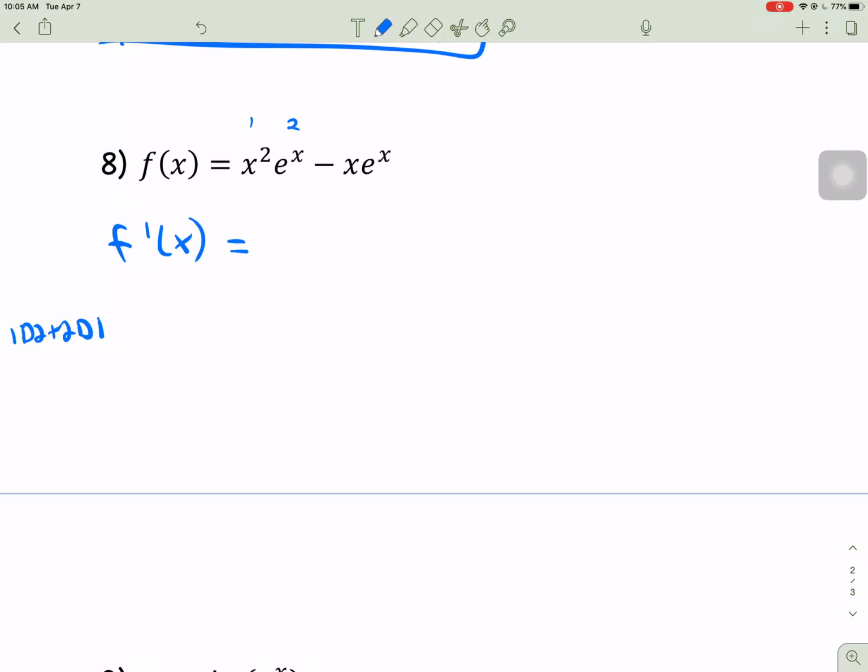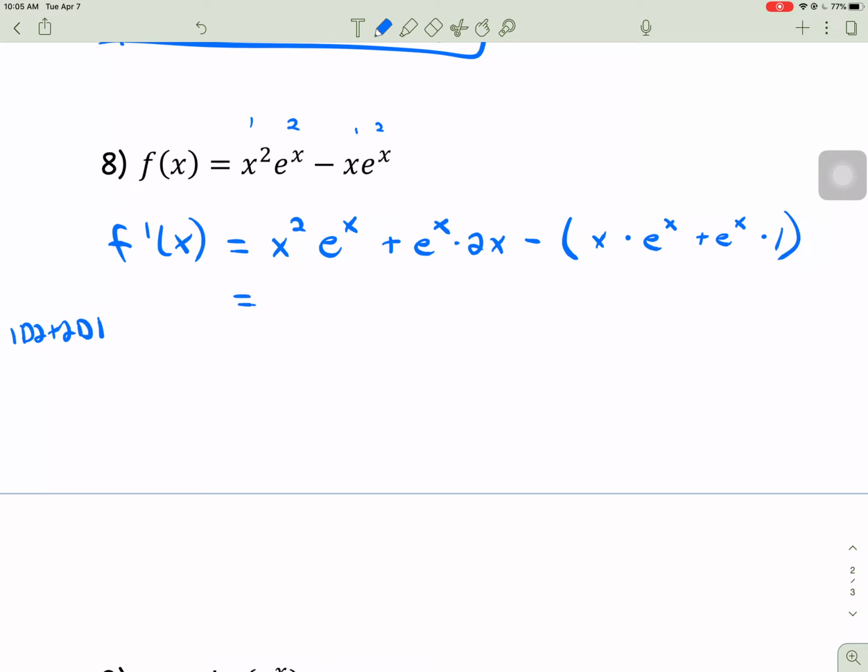So 1 times the derivative of the second plus the second times the derivative of the first, minus, and we've got to do it again, first times the derivative of the second plus the second times the derivative of the first, which is just 1.